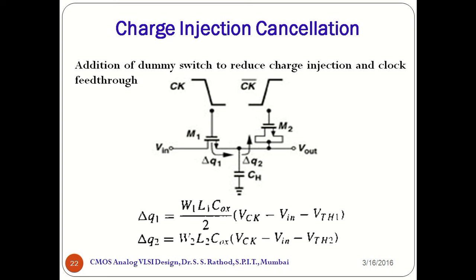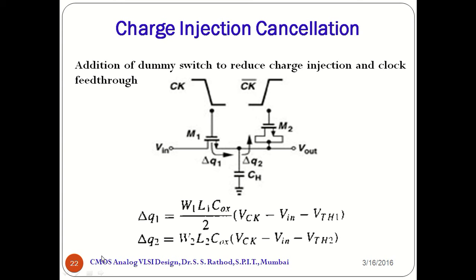Now how do we ensure that the charge injected by M1, that is delta Q1, is definitely equal to and absorbed by M2, that is delta Q2? Suppose that half of the channel charge of M1 is injected onto CH, that is delta Q1 is equal to 1 by 2 W1 L1 Cox into Vck minus Vin minus Vth1.